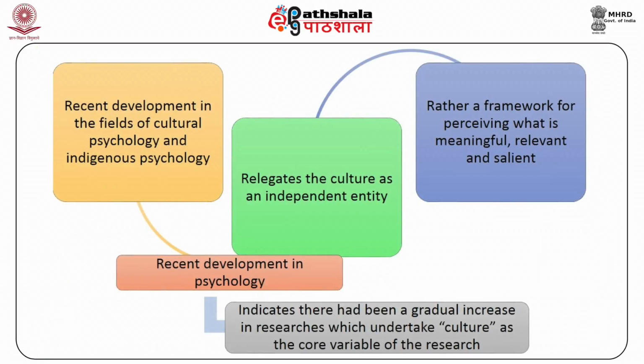Recent developments in the fields of cultural psychology and indigenous psychology relegate culture from an independent entity to a framework for perceiving what is meaningful, relevant, and salient (Boas, 1991; Kagitcibasi, 1996; Nisbett and Miyamoto, 1992).